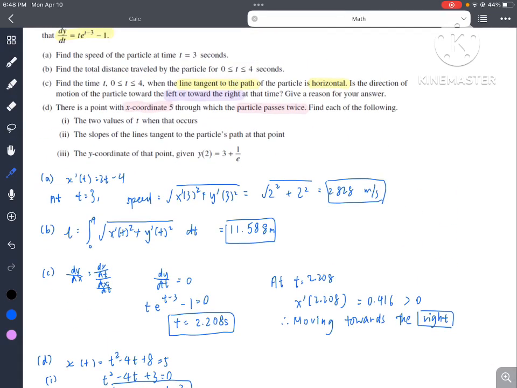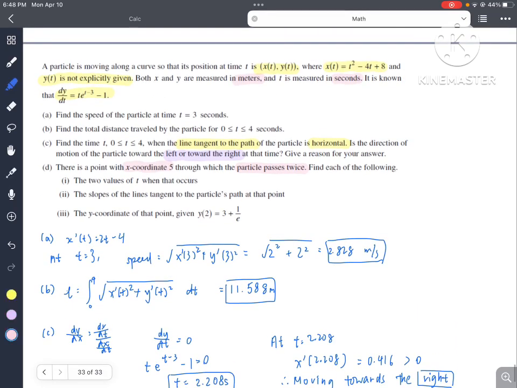Okay, now to the last question. What's the y coordinate of this point? And we are given the initial condition, y of 2 is equal to 3 plus 1 over e. So we can just use the expression y of, let's just say an arbitrary x, is equal to y of 2 plus the integral from 2 to x of dy dt.